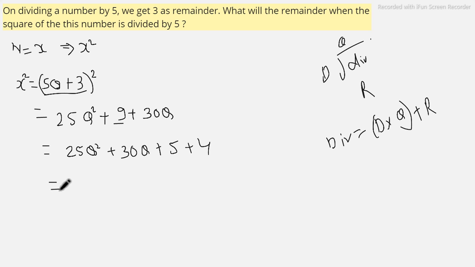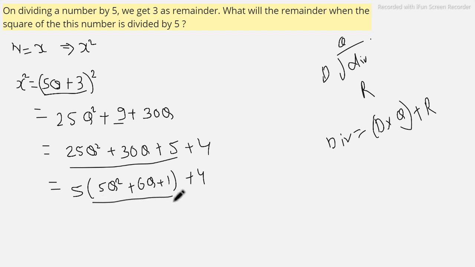Now if we take 5 as common, this will come as 5q square plus 6q plus 1, and here this 4. Now in this equation, suppose we assume this as r.